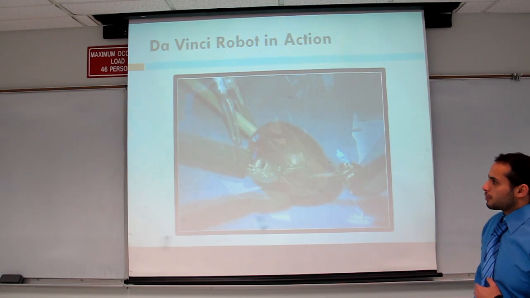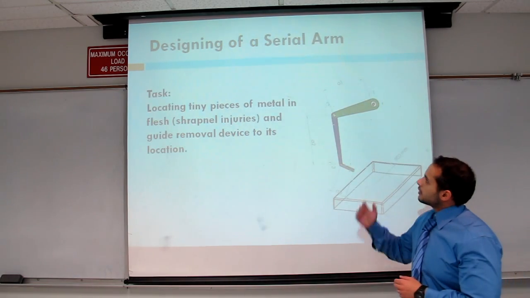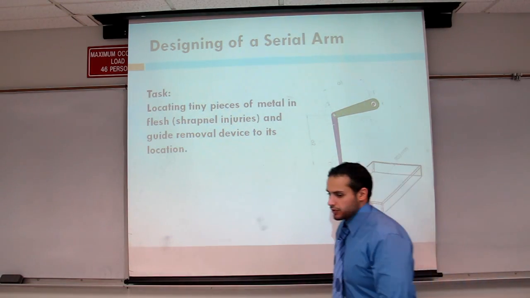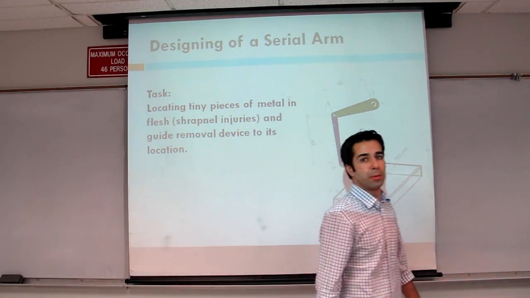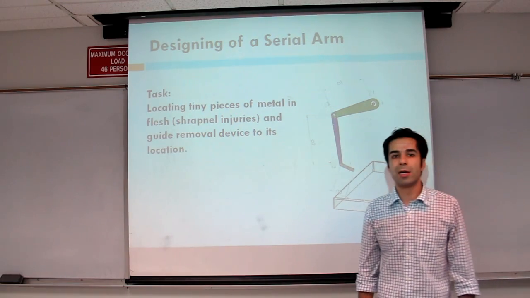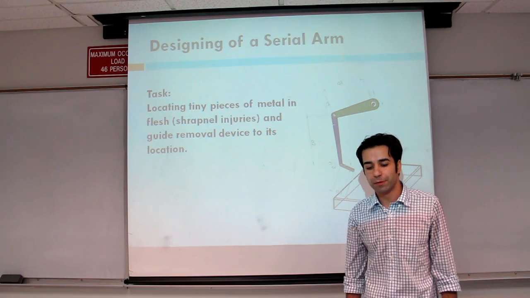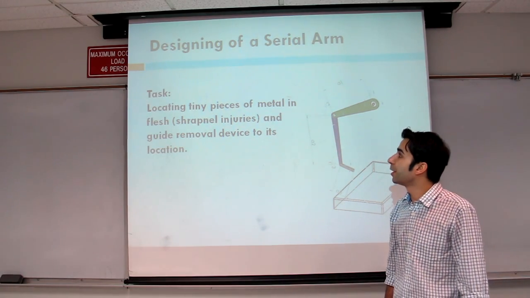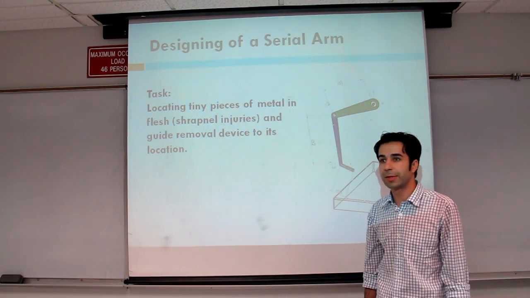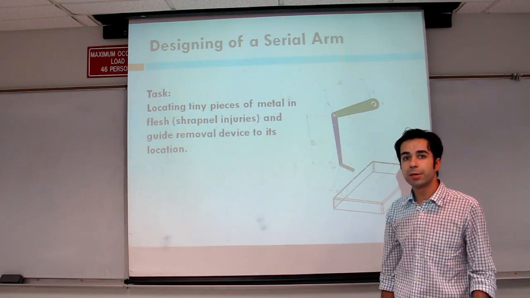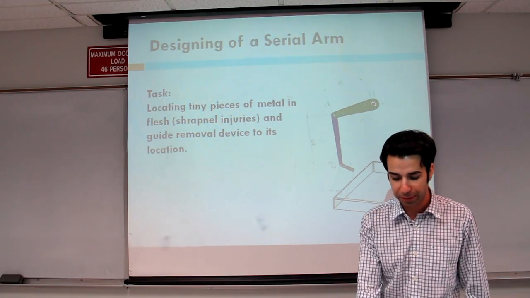Now, we're going to go through the design of the serial arm, which Siavash is going to present. Here we are going to choose a specific task for our serial arm, which is locating tiny pieces of metal in flesh, caused by shrapnel injuries, and guiding the device to take those tiny pieces out of the patient's body.